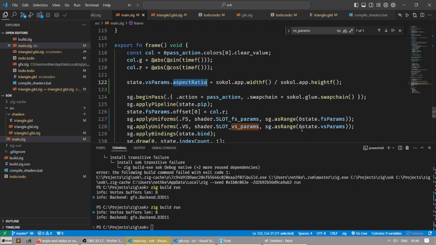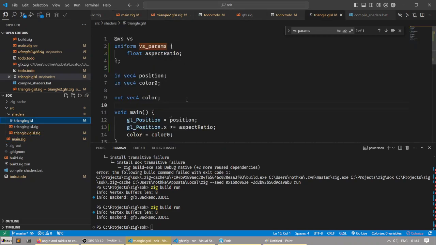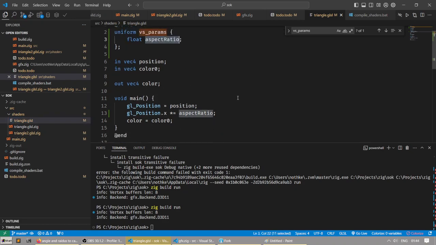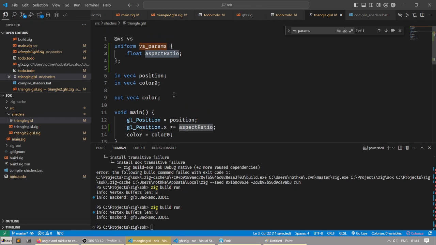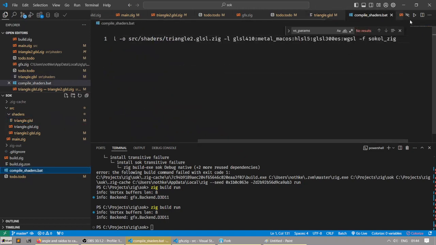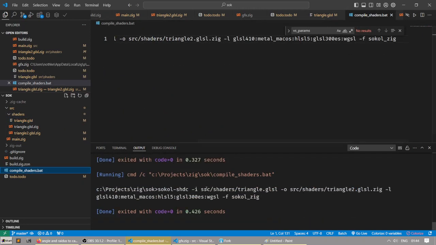Yes. Am I actually using it? Let's check. Aspect ratio. I am using it, but I'm using it as the output. Maybe this is the problem. Let me also make sure that I'm using the latest version of the shader.